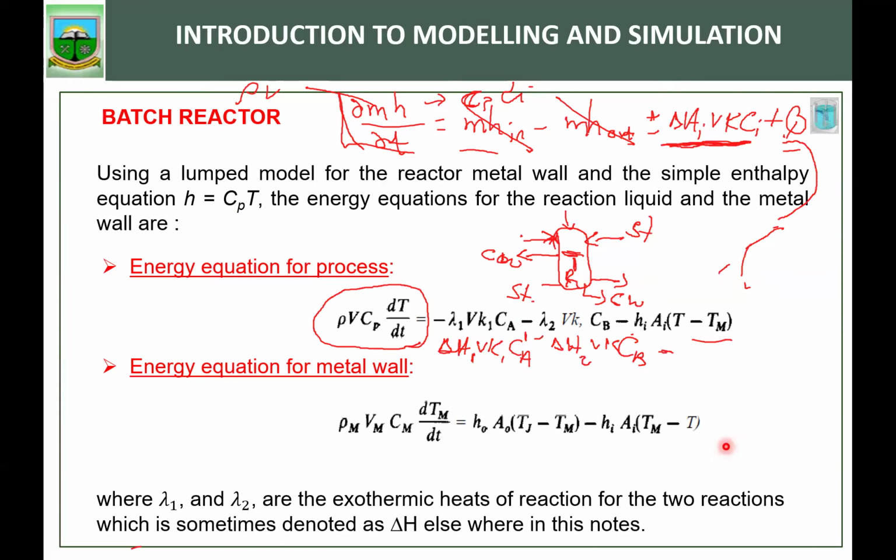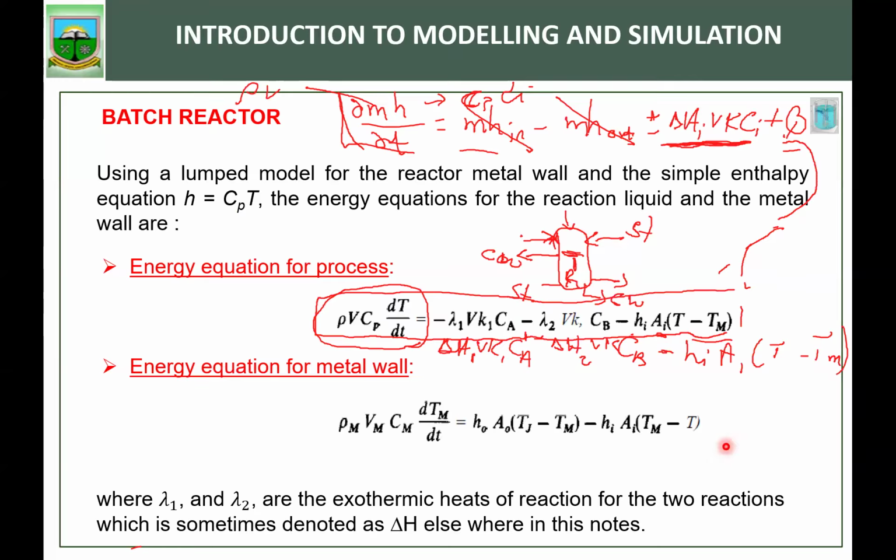So this is H i A (T minus Tm). So it depends if it is from the cooling to the reaction or from the steam to the metal. That's how we assign this one. So this becomes the generalized energy balance for the process.